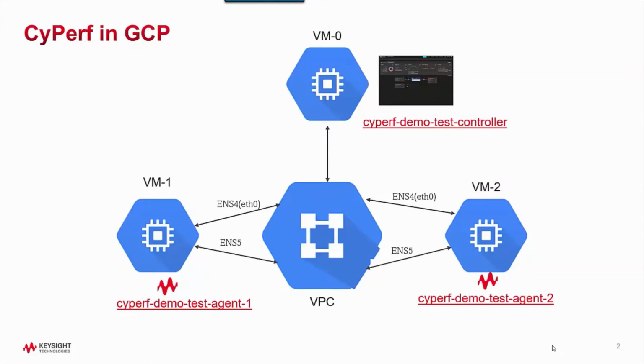I've also added another interface, ENS5. Typically for classic test tools, the second interface becomes the test interface, and most of the management traffic goes from the default ENS4/NIC0, the primary interface.